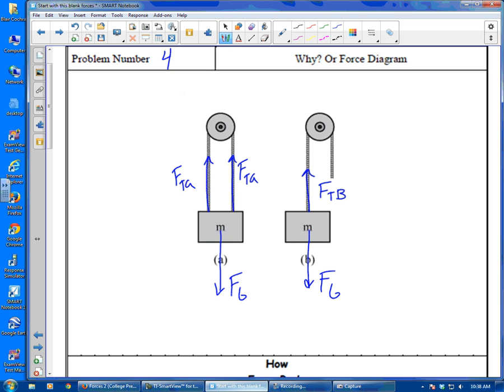So, I mean, we're going to go through the work, but intuition-wise, look at FTB, look at FTA. What tells you how they're going to compare? No? Well, I look at it and I say, oh, look, 2 FTAs add up to FG, and only one FTB adds up to FG.